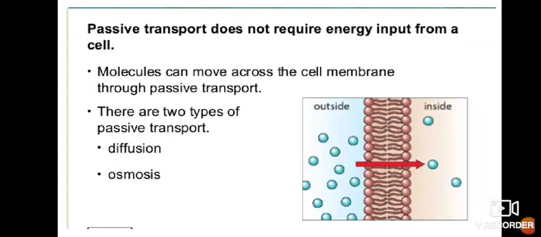Say, carbon dioxide needs to get expelled from the cell. The level of carbon dioxide inside the cell is more and outside the cell is less. So it will diffuse out of the cell. Similarly, the concentration of oxygen is more outside the cell. So it will diffuse into the cell.